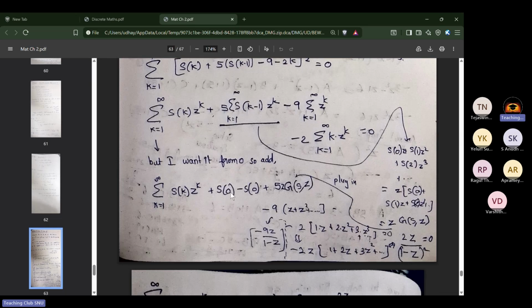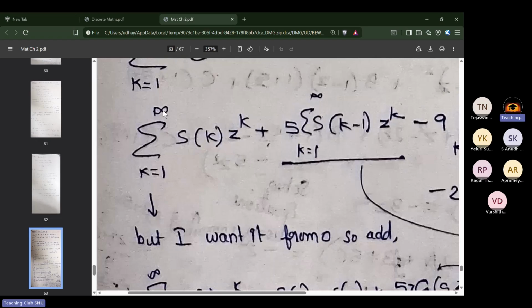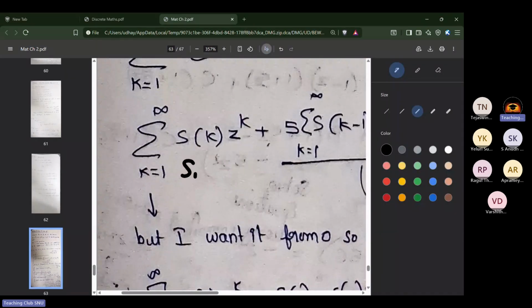So how will I do that? Now, see every part of the equation and multiply it with z power k, with k is equal to 1 to infinity, as I have just split the summation to every term according to the rule of summation. So s of k into z power k. Do you clearly see this? Just expand it and check. It will give you s1 z plus S2 z square plus S3 z cube and so on.